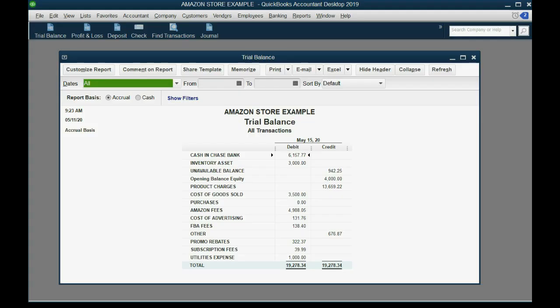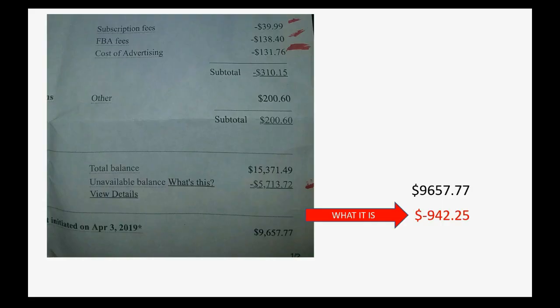If we look at our trial balance now, it's showing the difference between the beginning and ending of last statement, because we didn't start these procedures at the very beginning when you opened your store. We just started doing it in the middle, so it's showing the difference. It's not really showing the amount you're going to receive.